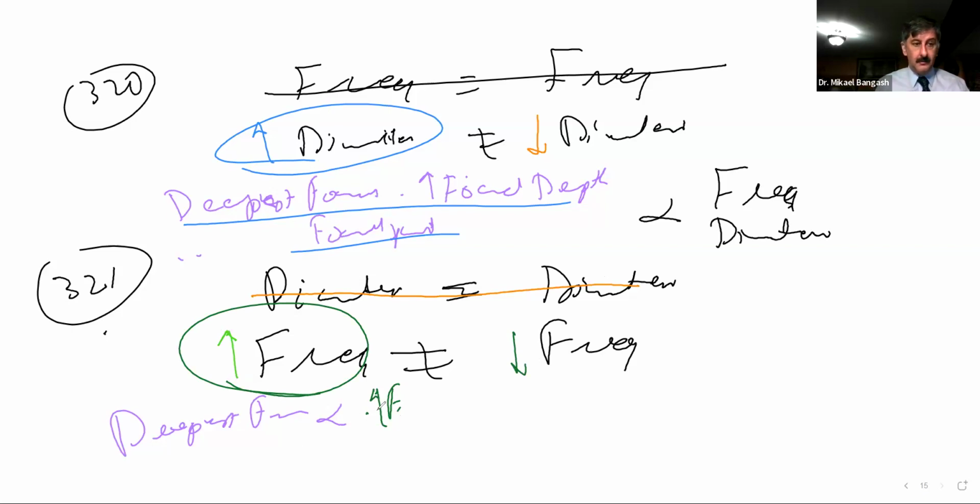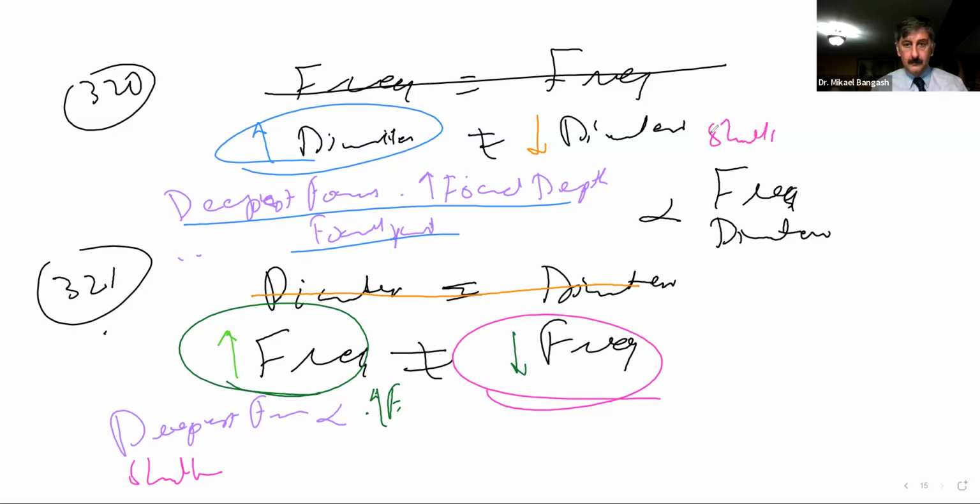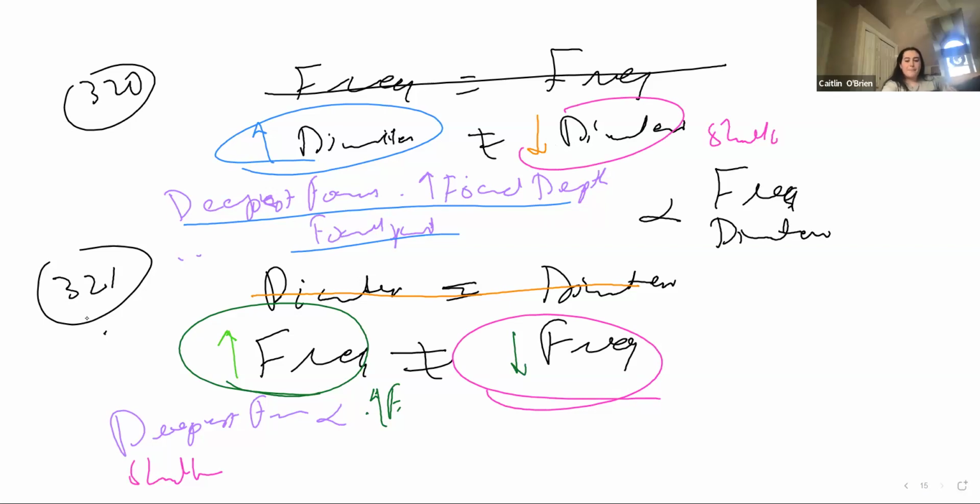Had they asked about the shallowest, then it would have been this one. Likewise, up here, had they asked about the shallowest, it would have been this one. Did you guys get that? Good.